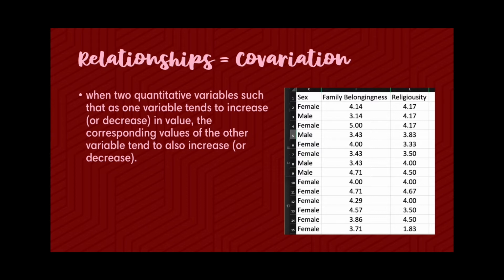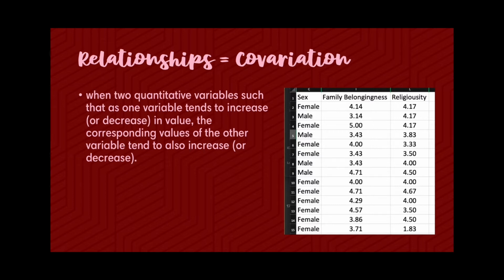That they could probably be moving the same way or moving in a specific direction. For instance, when one value increases, does the other value of another variable decrease? And we can imagine this in different types of variables.